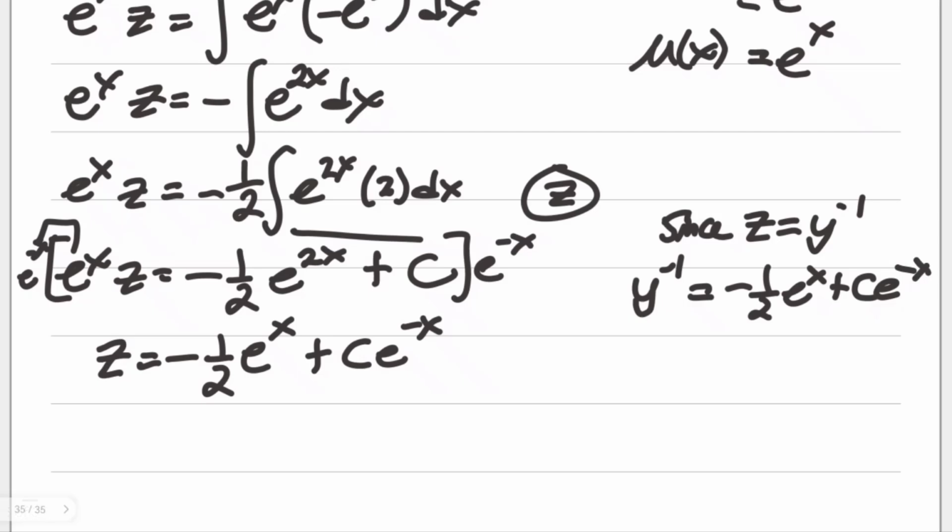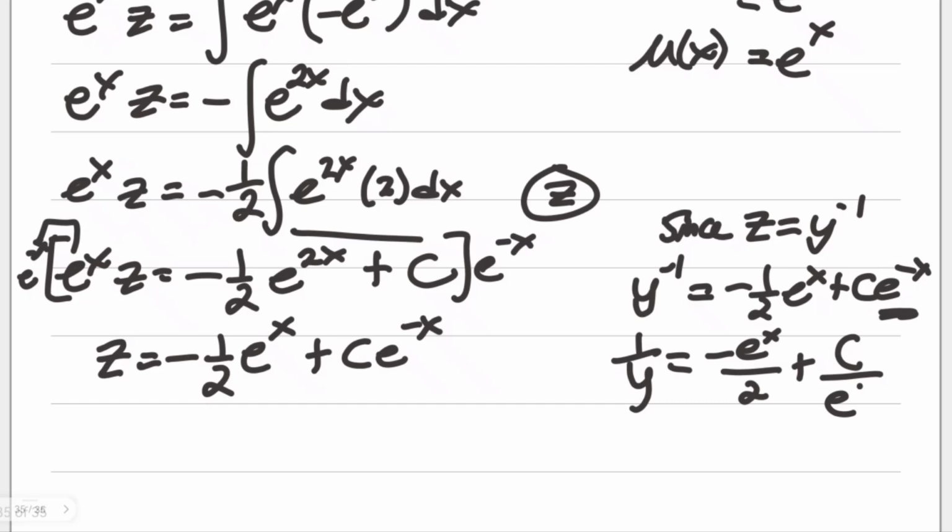Let me simply apply the rule of the exponent here, because this is actually 1 over y, and we will be reciprocating later. So you have negative e to the power of x over 2, that's 1/2, plus c over e to the power of x.